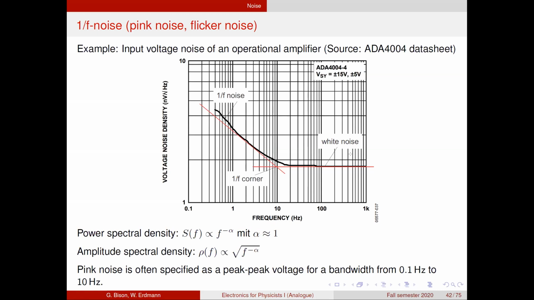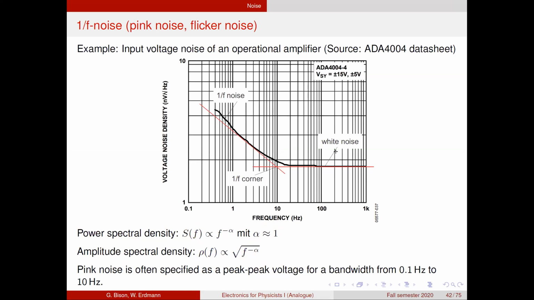And I've seen examples where alpha ranges from 0.5 to maybe 1.5. And all this is called 1/f noise. Accordingly, we find a power and amplitude spectral density that goes with the square root of this. And so for the power alpha equal 1, we find an amplitude alpha equal 0.5.